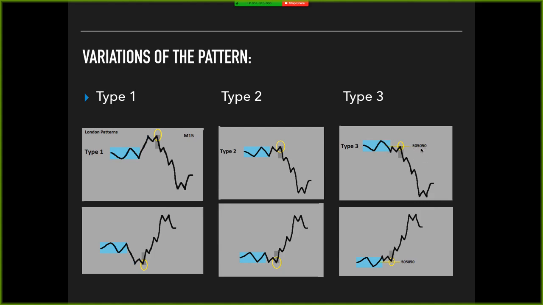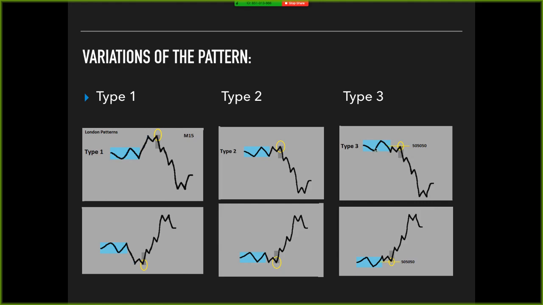Okay, so that's what 50, 50, 50 is. I've heard lots of different answers on what the 50-50-50 is. A lot of them are wrong. So today I'm going to clear that up for you: that's what 50-50-50 means. 50% range of the Asian box, 50 EMA, and then the 50 market baseline, liquid TDI 50.